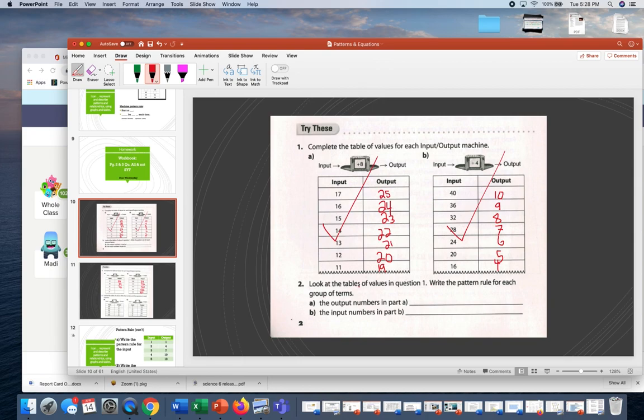Look at the table of values in question 1. Write the pattern rule for each group of terms. Okay, so the output numbers in part A. Well, here's part A, here are the output numbers. So I have to write the pattern rule for that. So I always have to say, start at 25.